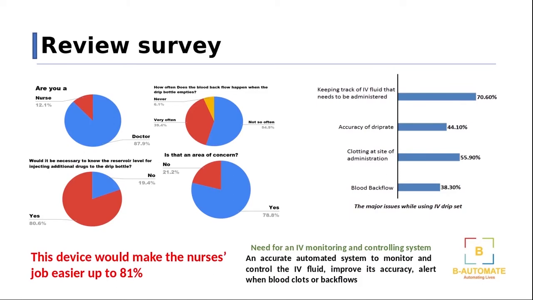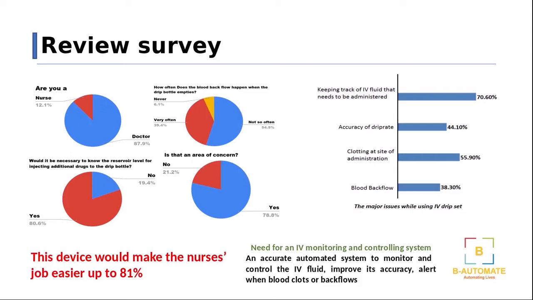According to the stakeholders' feedback, the following conclusions can be drawn, which are represented by the following figures. As the first figure says, there are very few nurses in hospital, which means that they have to handle multiple patients at the same time, and they cannot spend most of the time keeping track of the IV fluid or monitoring patients' drip rate or any other changes that might lead to serious complications.